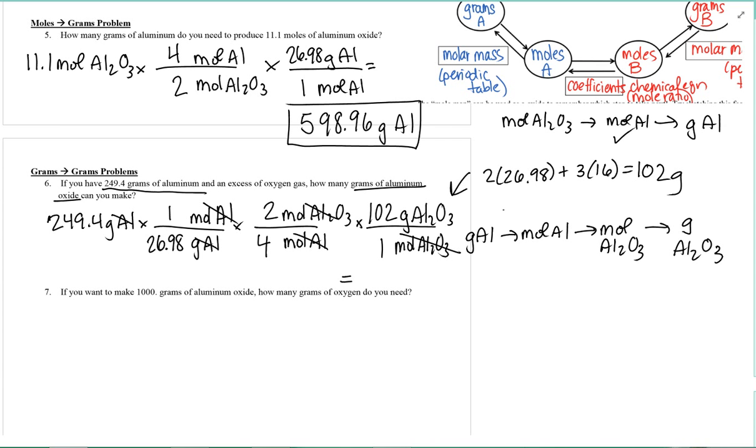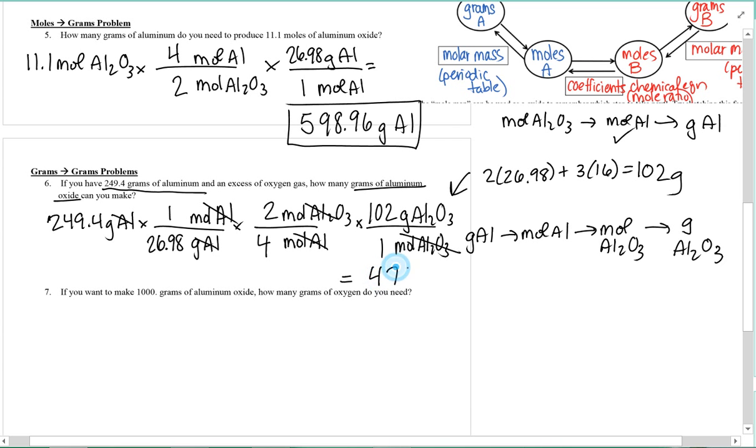Whoops, hold on, I typed that in wrong. 249.4 divided by 26.98, times 2 divided by 4 times 102, I should end up with 471.44 grams of aluminum oxide. That's what it looks like there to me.